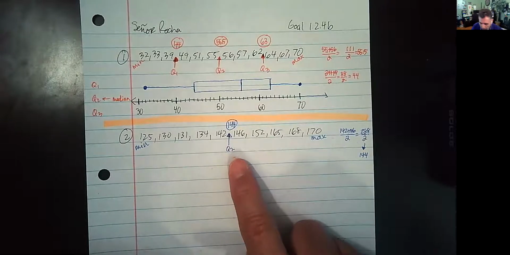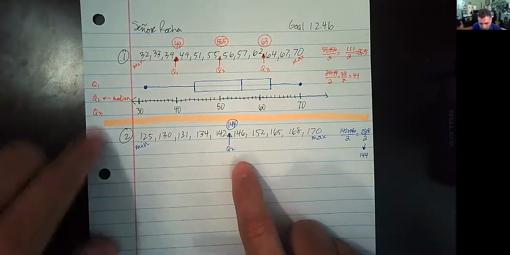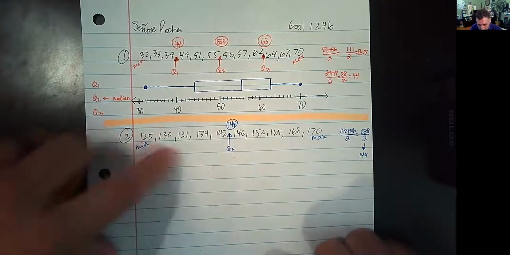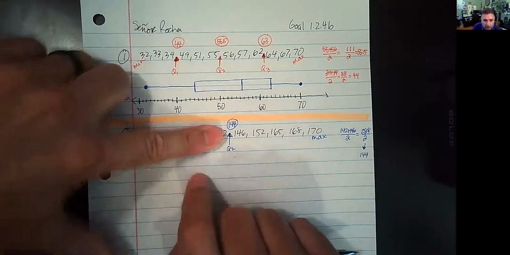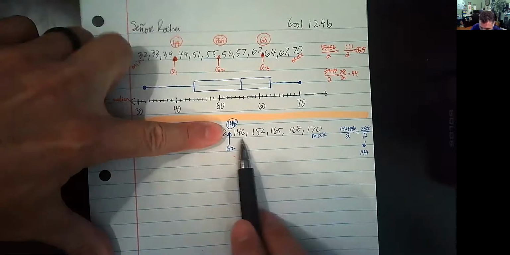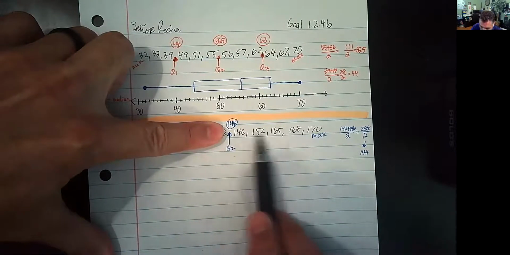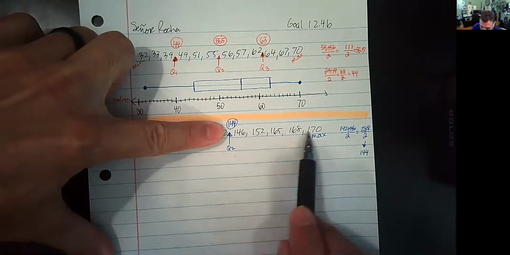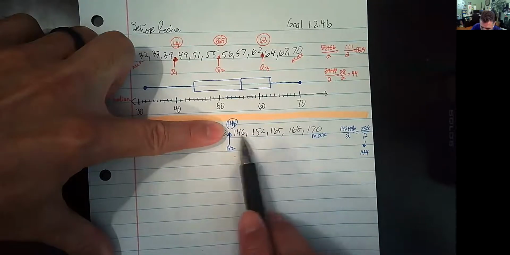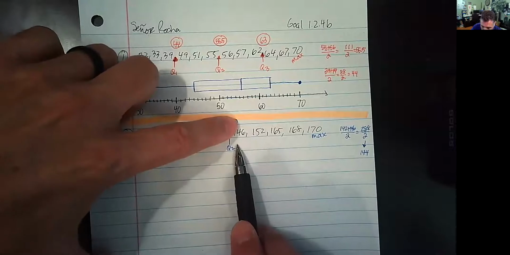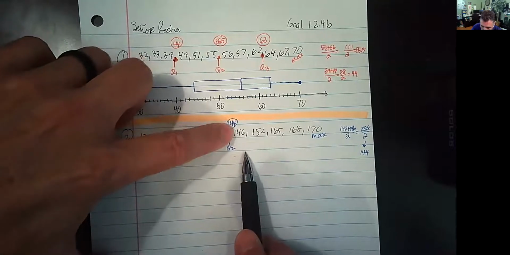Okay. So then let's find Q3. Only because it's easier for me to cover this up with my left hand. So we're going to look at the upper half of the set and then find the middle number there. 1, 2, 3, 4, 5. We don't include this one because that was our Q2.